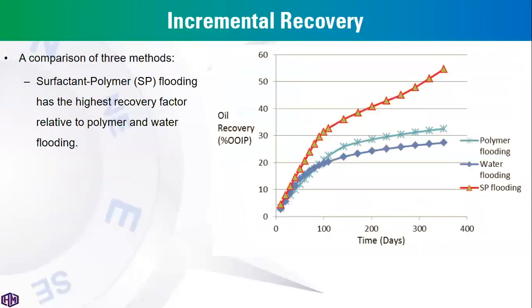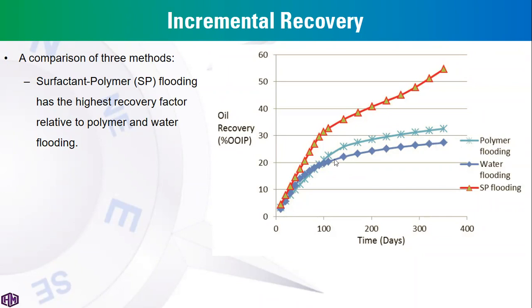To highlight the incremental oil recovery due to such secondary or tertiary recovery techniques, this is the relationship between oil recovery as a percentage of the original oil in place against time using three different recovery techniques.